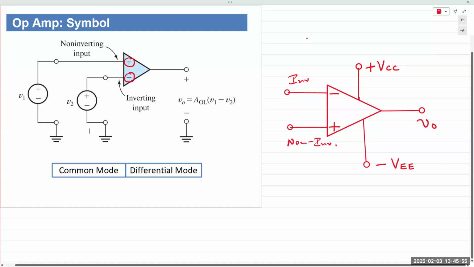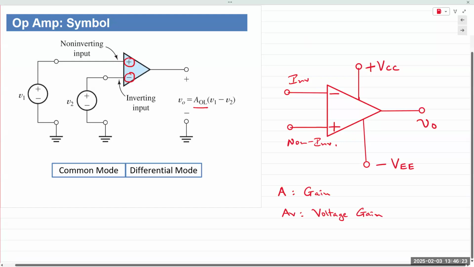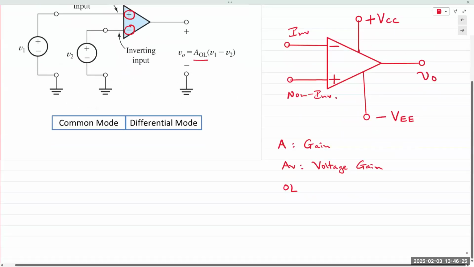Okay, let's take a look at what this means. A_OL: the A here refers to the gain of the amplifier. How is the input being transferred to the output? A_V would mean voltage gain. The OL stands for open loop.